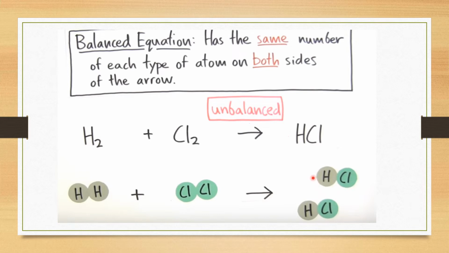Thus, the number of atoms of each element is balanced in the diagrams, but the chemical equation is still unbalanced. This is because we have 2 HCl molecules in the diagram, but in the chemical equation, we have only 1 HCl molecule.